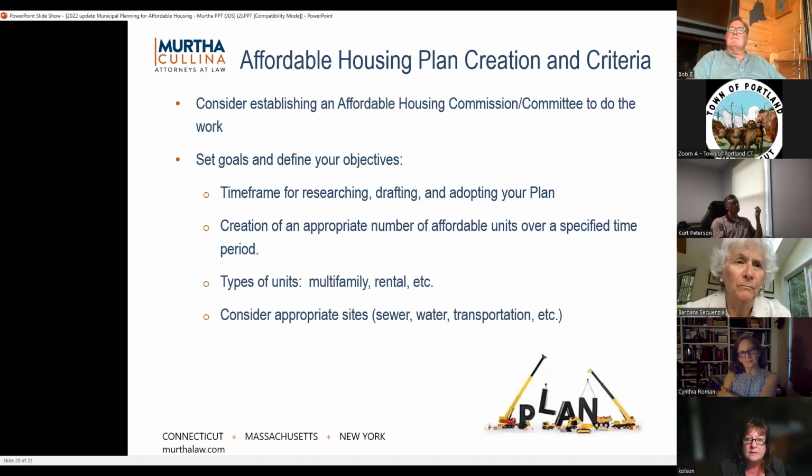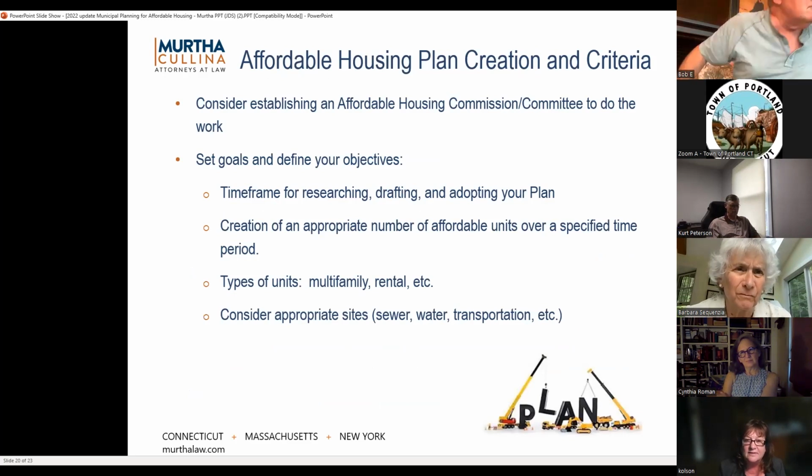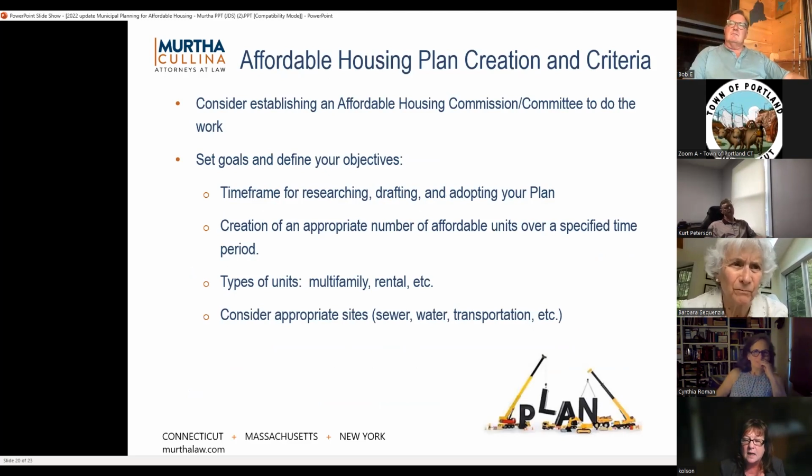So what I usually recommend to my towns is consider establishing either a subcommittee of your Planning and Zoning Commission or a separate commission or committee that is made up of people in your community of diverse backgrounds, diverse economic status, diverse age or health status to do the work.